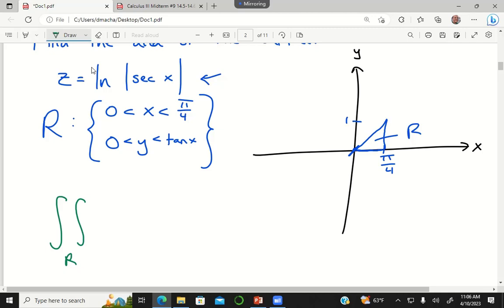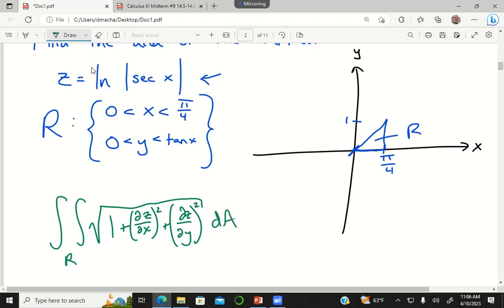So we take the double integral over the region, and then we take the square root of 1 plus partial z with respect to x squared plus partial z with respect to y squared dA. And then what would be partial z with respect to x?